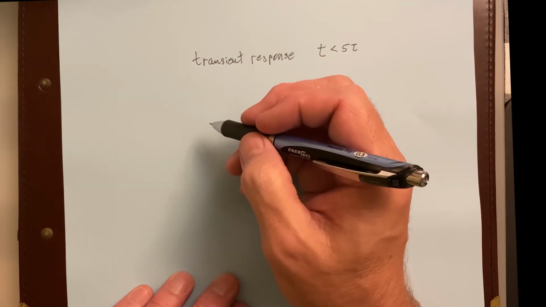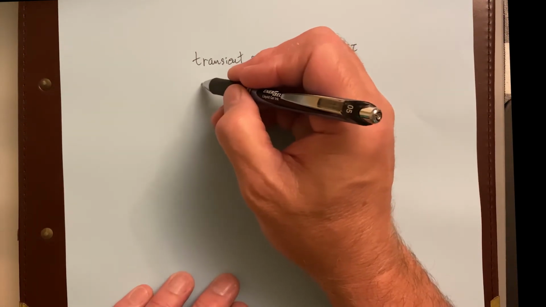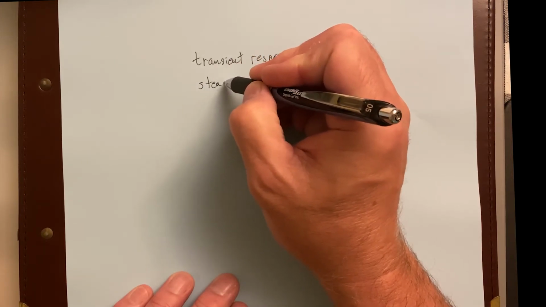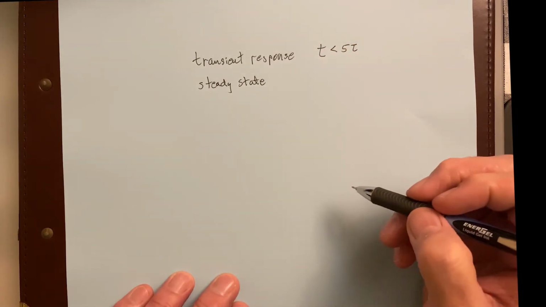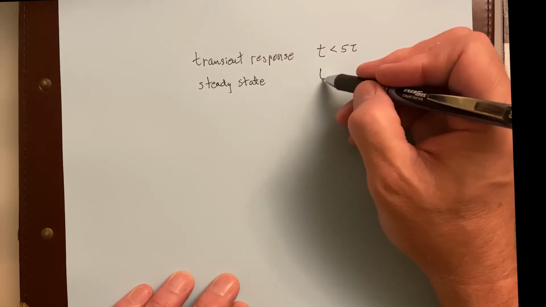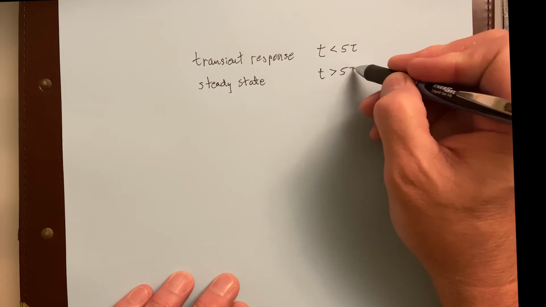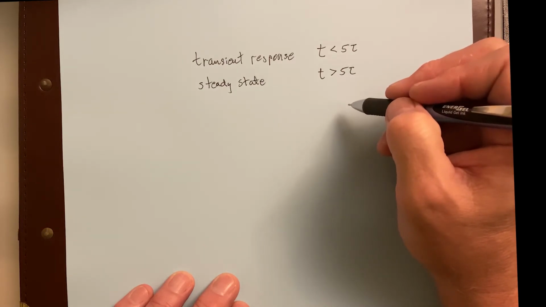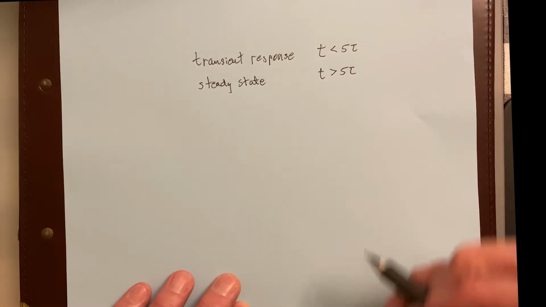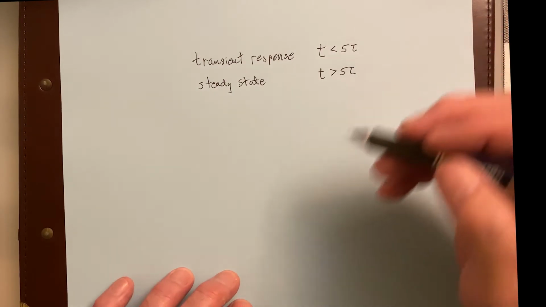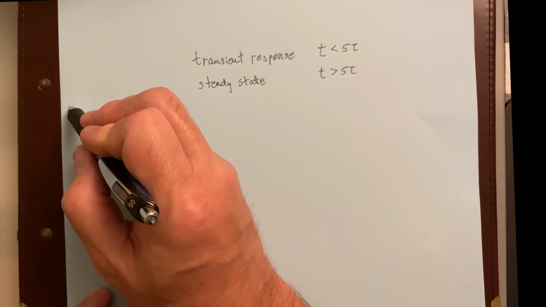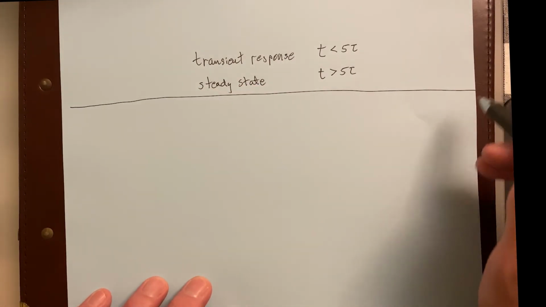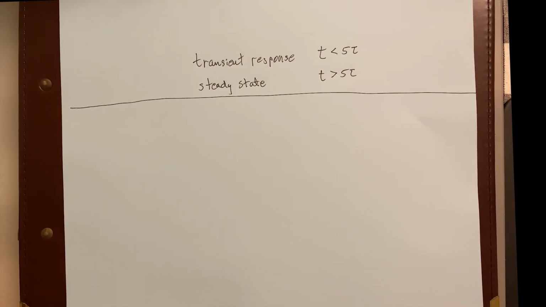But after 5 tau of time, then we are in the region of what is called the steady state. So it doesn't change much after that, and this occurs at t greater than 5 tau. Okay? It's just something to think about. As we go farther into the class, then it'll be a little easier to see what that means, especially when we start talking about steady state responses to AC circuits.